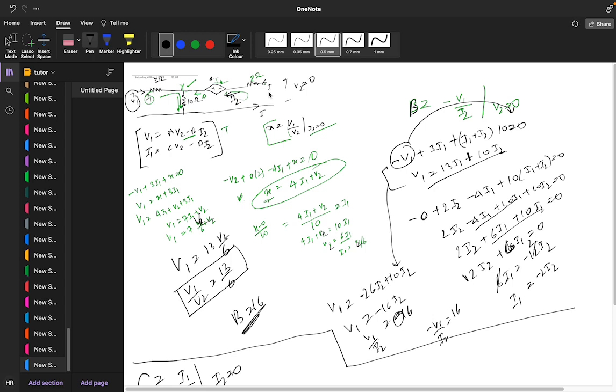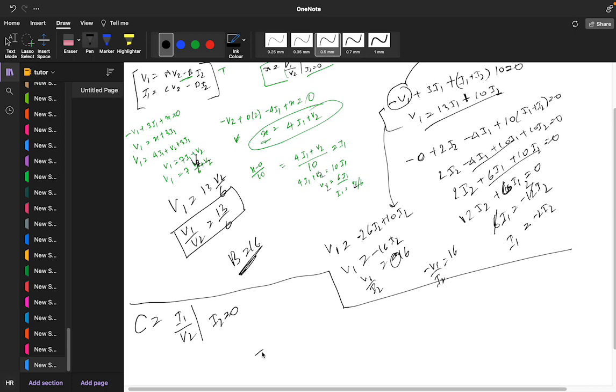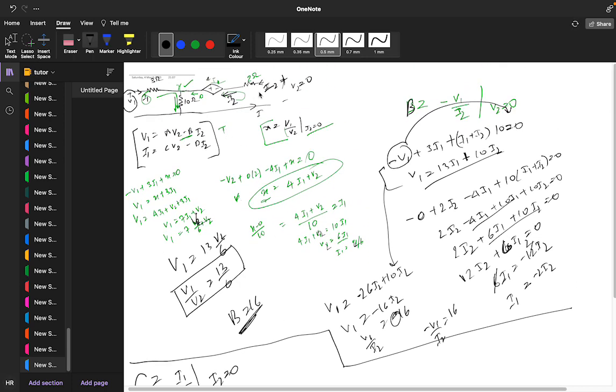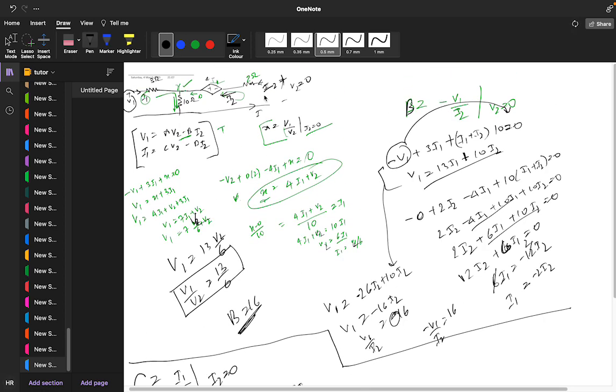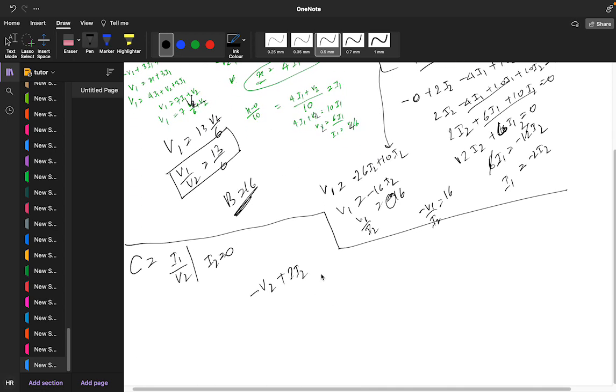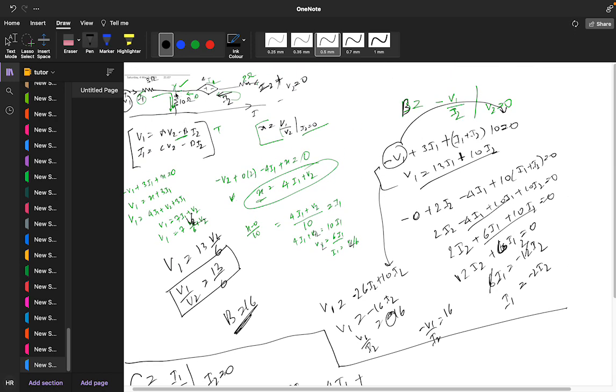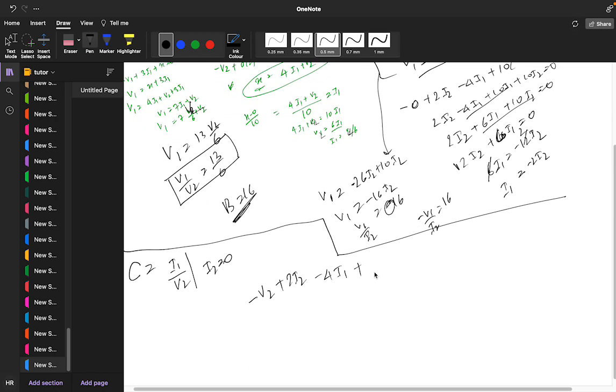So the things you will get, this is i2, and form another equation: minus v2 plus 2i2 minus 4i1 plus, this branch current is how much, i1 plus i2, so plus 10 times (i1 plus i2) is equal to 0.